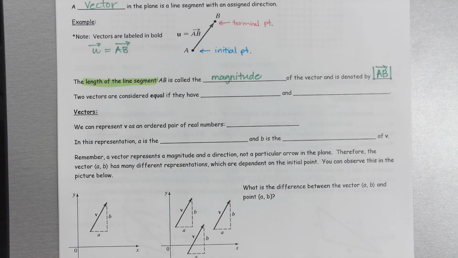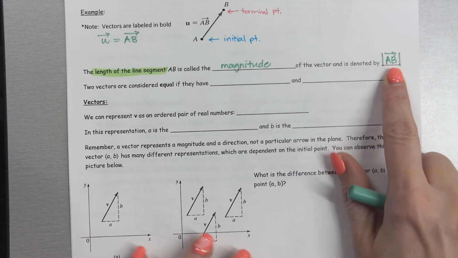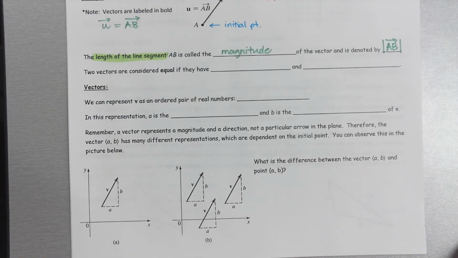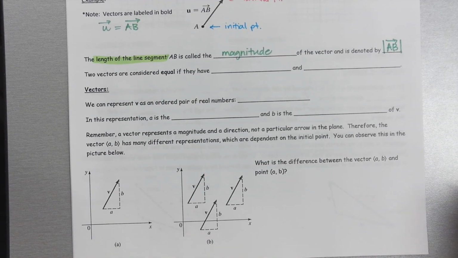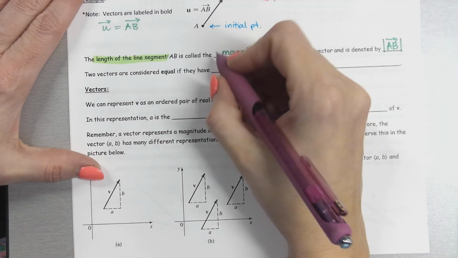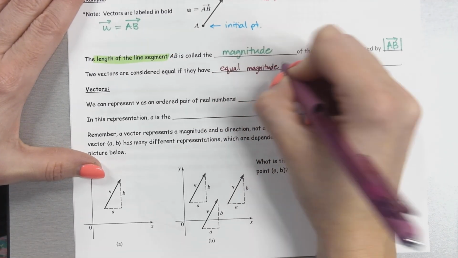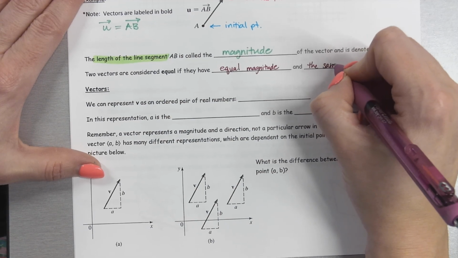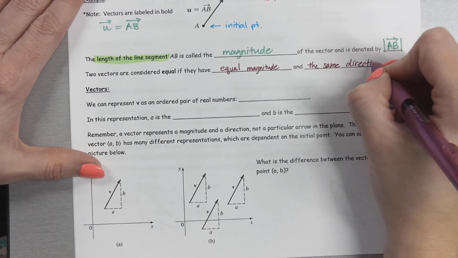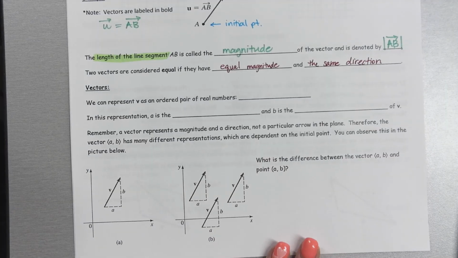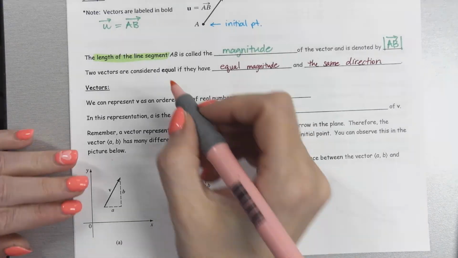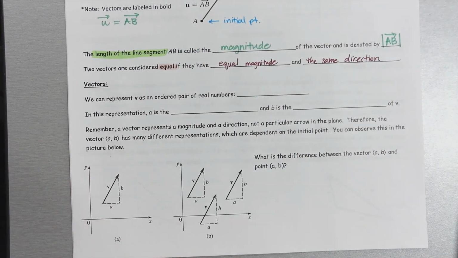So the length of the line segment is called the magnitude of the vector. And then this is your symbol. You have the vector inside the absolute value symbol. And two vectors are considered equal if they have equal magnitude and the same direction. Because you could have equal magnitude but go in different directions. So they're only equal if they have both the same magnitude and direction.